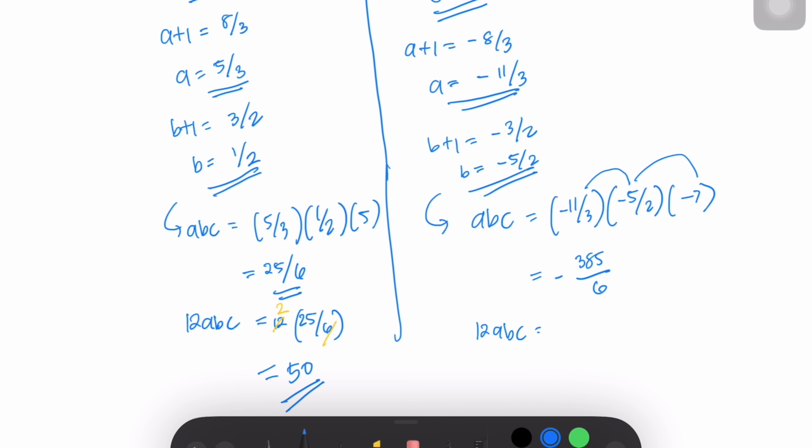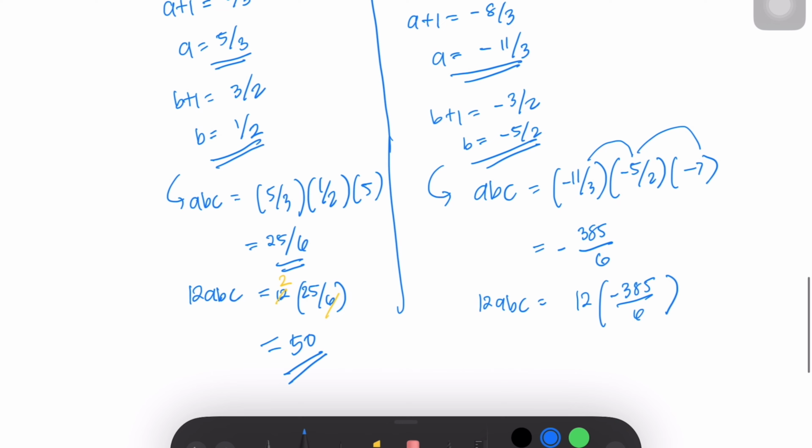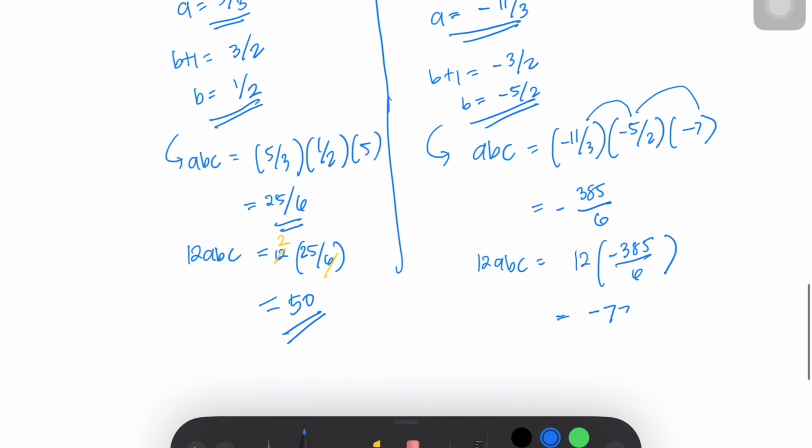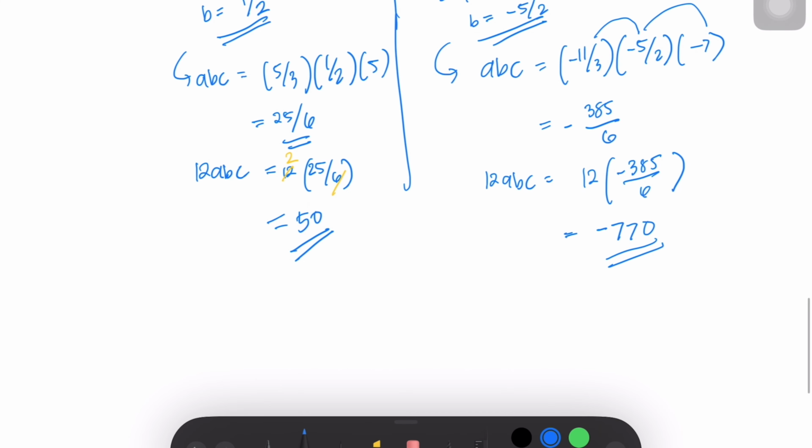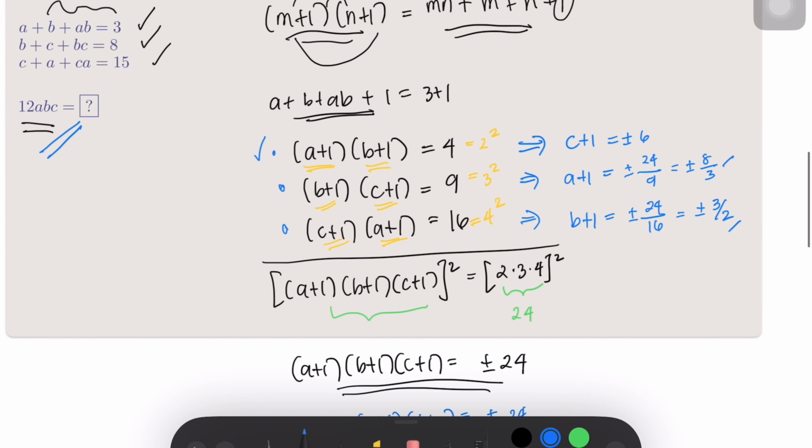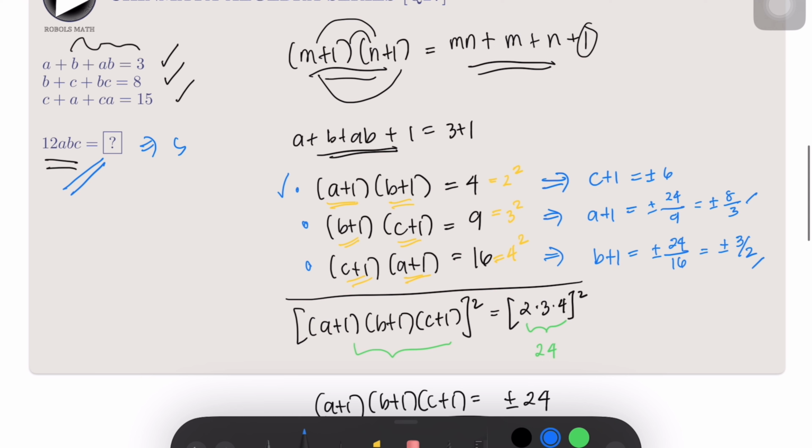Multiply that by 12, we get 12 times negative 385 over 6, or negative 770. Therefore, the answers we're looking for are actually 50 and negative 770. And that's our final answer.